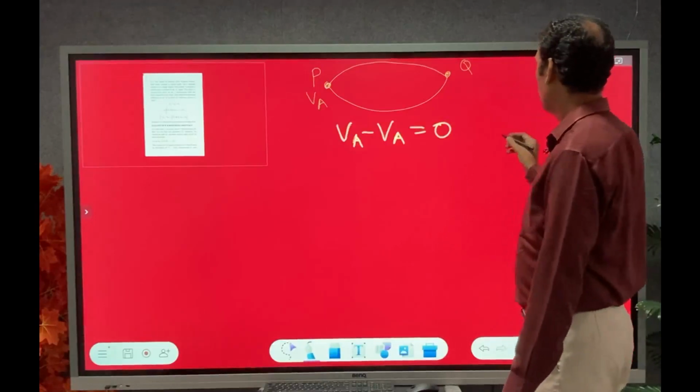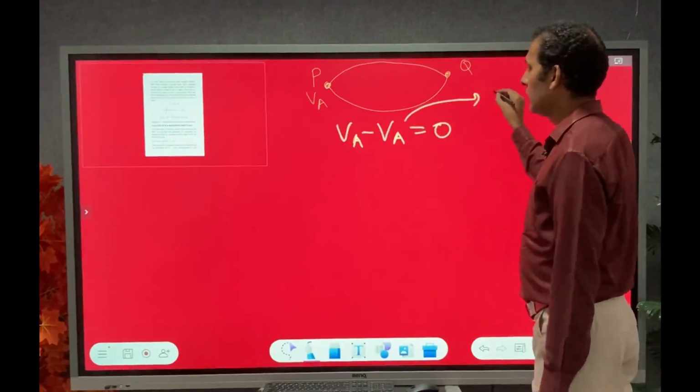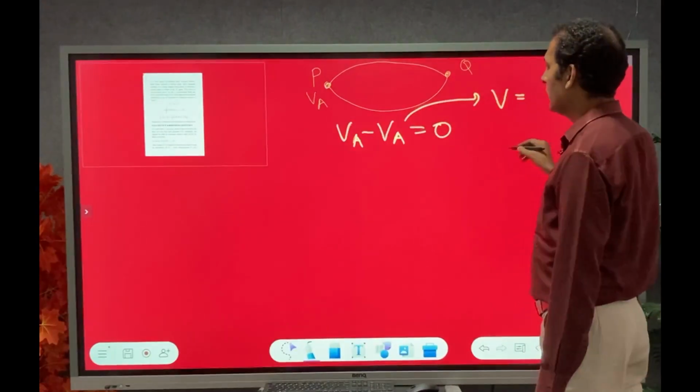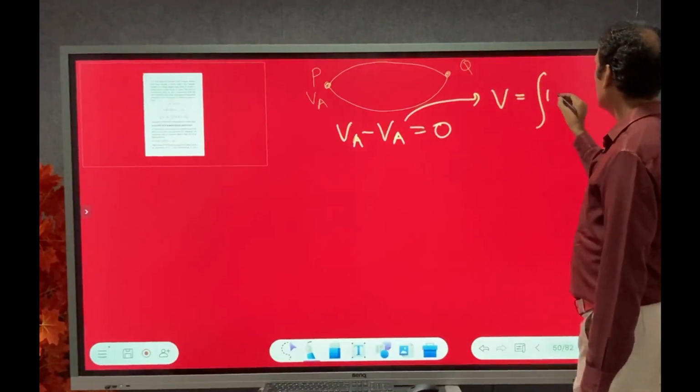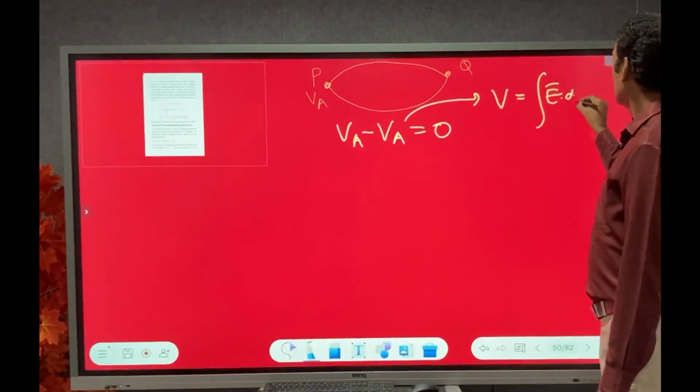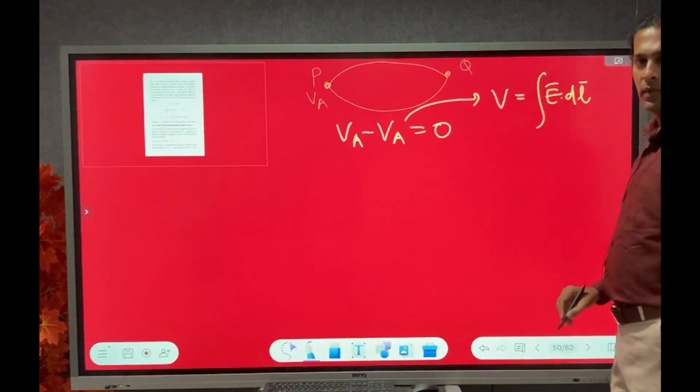What is voltage? For voltage we have seen the relation with E. What is voltage? Voltage is nothing but integral of E bar dot dl bar.